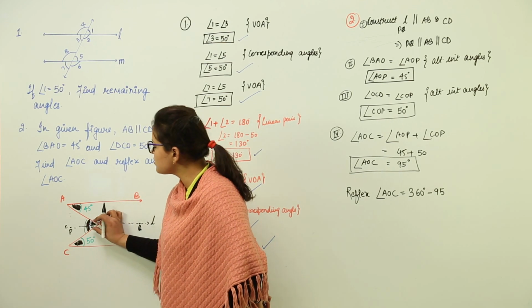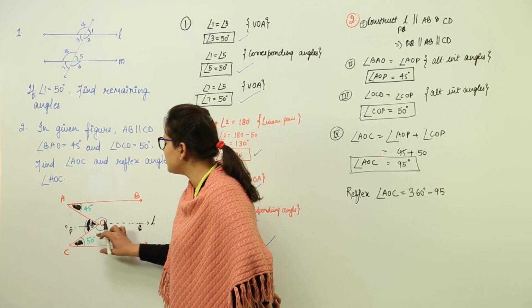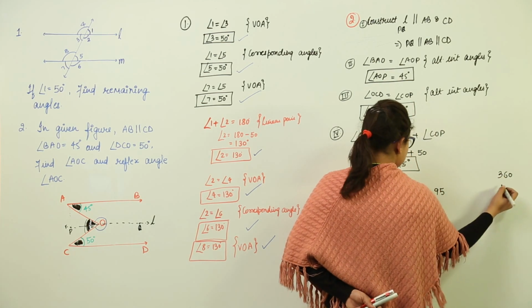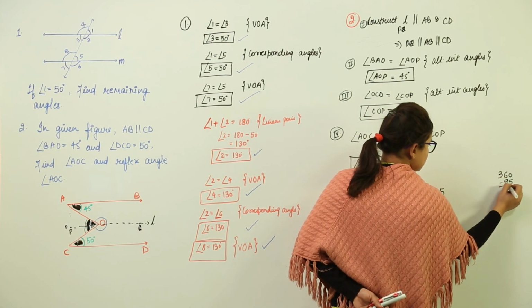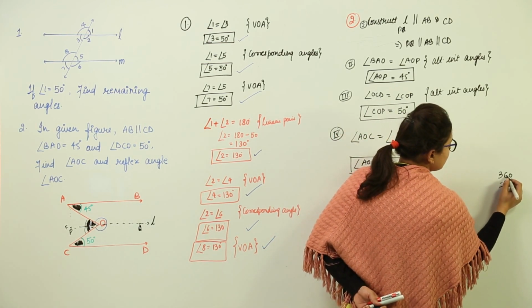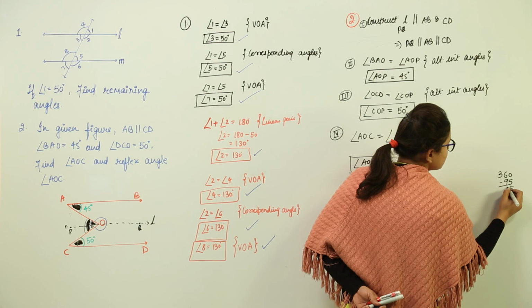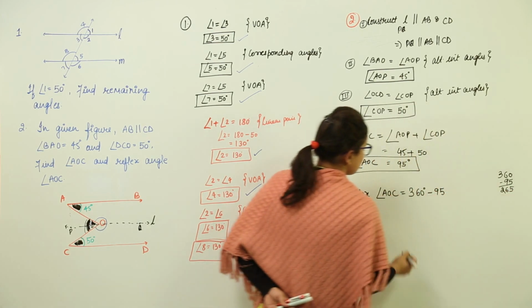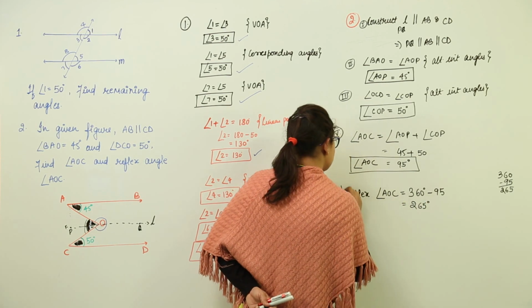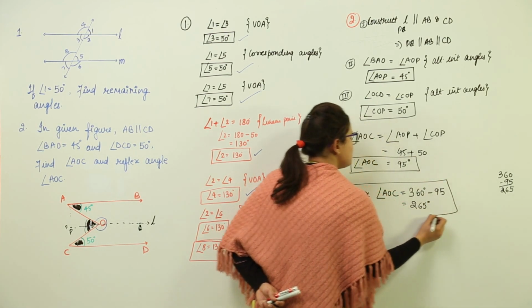Out of 360 you are subtracting this part, so you will get the remaining part. Now when you subtract them, you are going to get 360 and 95 on subtraction. Here we get 5, 15, and 15 minus 9 is 6 and 2. So we get reflex angle AOC as 265 degrees. So that is the required solution.